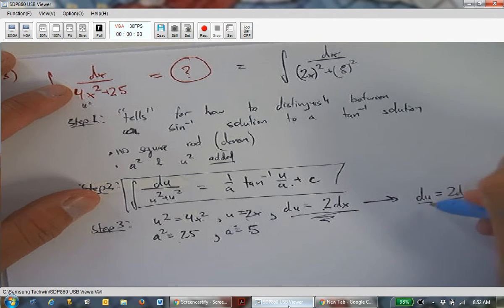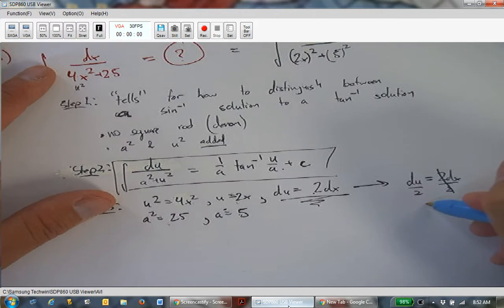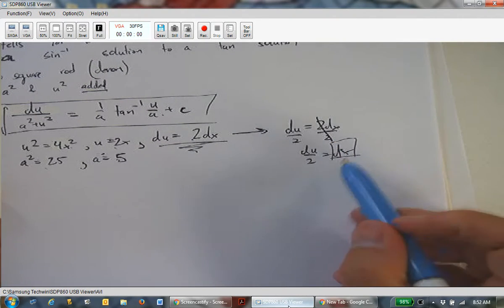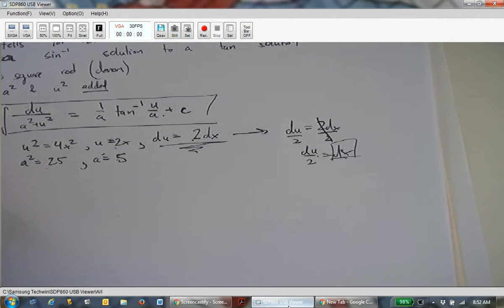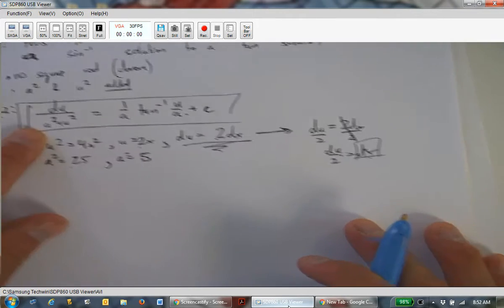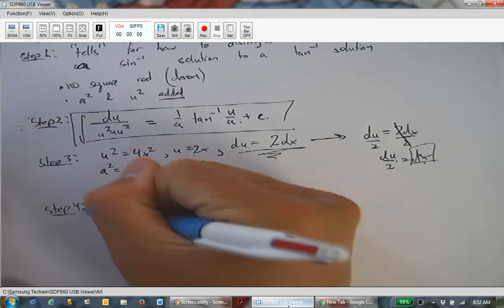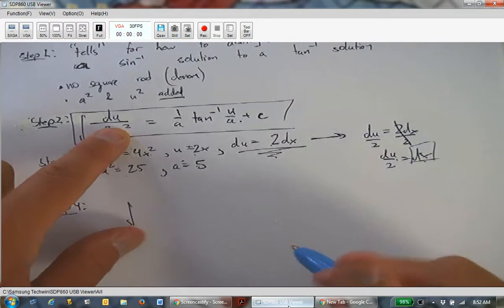We're going to divide both sides by 2. And then in place of dx, we're going to put du divided by 2 back into this formula. So step 4 is plugging it all back into this formula here.